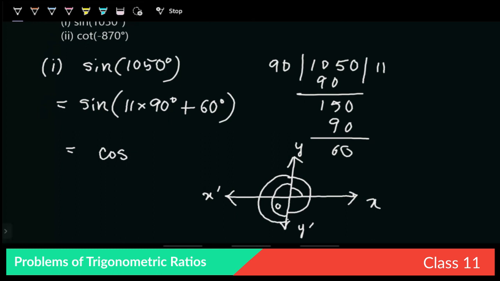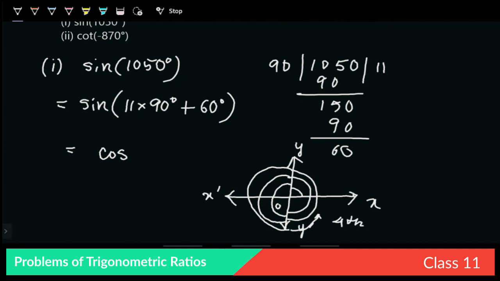If I rotate further, this is 9 pi by 2, and this is 11 pi by 2. Here 11 pi by 2 plus 60 degrees is written, so I have to go further 60 degree. So it is falling under which quadrant? It is falling under the fourth quadrant.